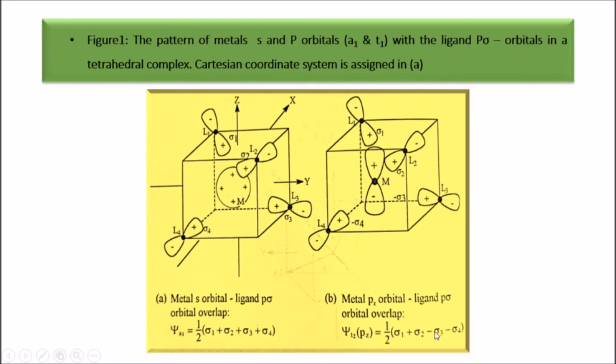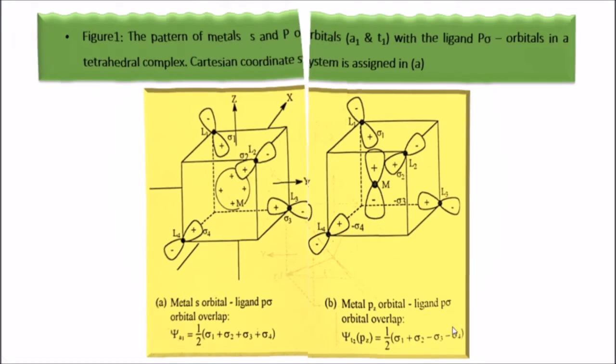But this plus and minus is not a positive or negative sign; the upper lobes will interact, and the lower lobes will interact with each other, and that results in plus sigma 1 plus sigma 2 minus sigma 3 minus sigma 4. So you can see that here in pz.